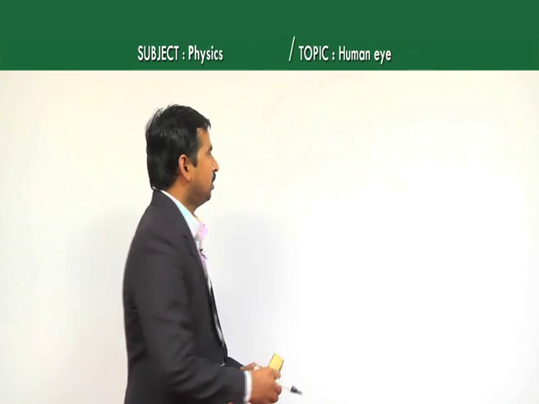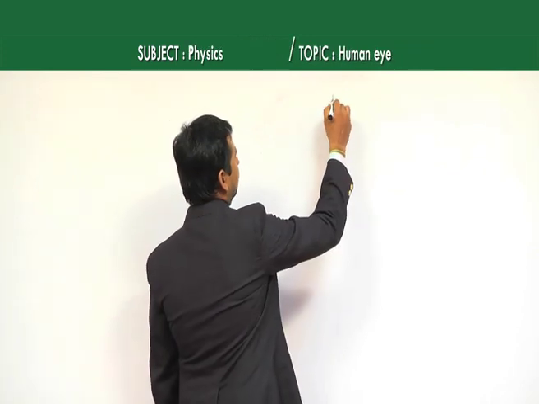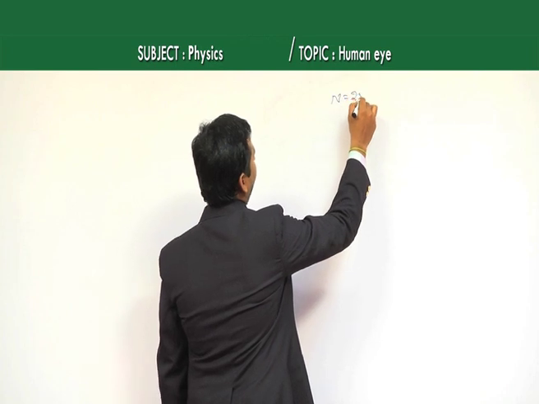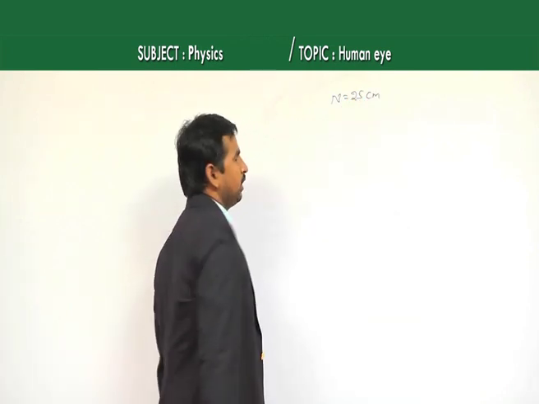That distance only we call the near point. The near point distance is equal to 25 centimeters for an average person.